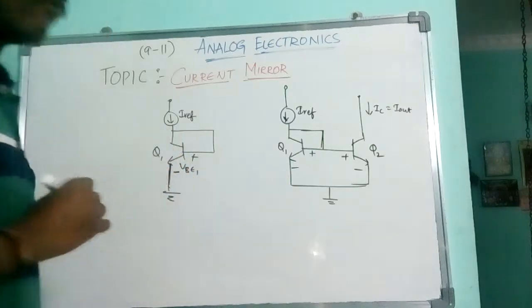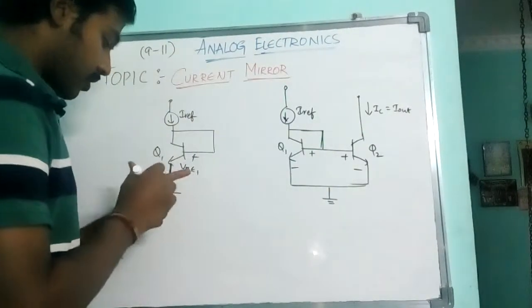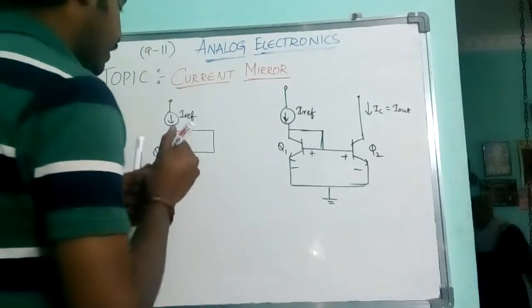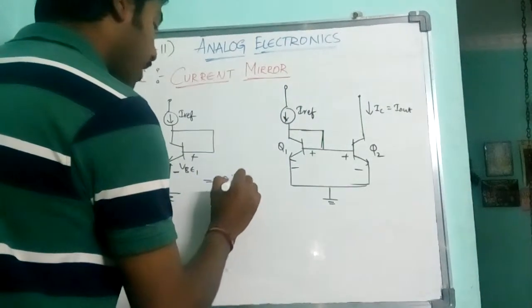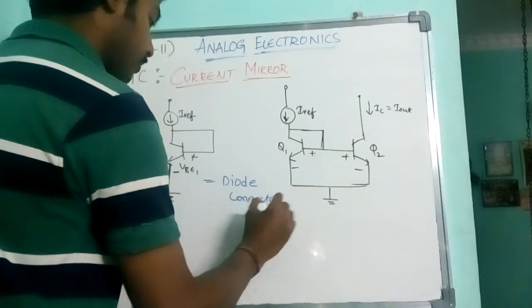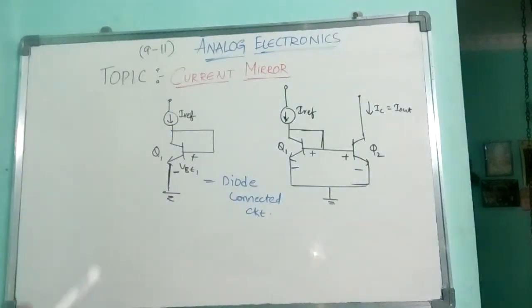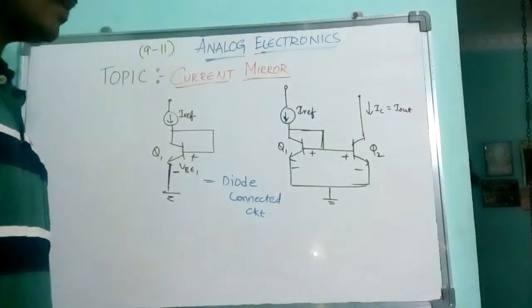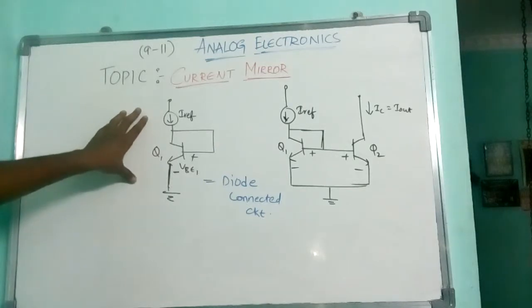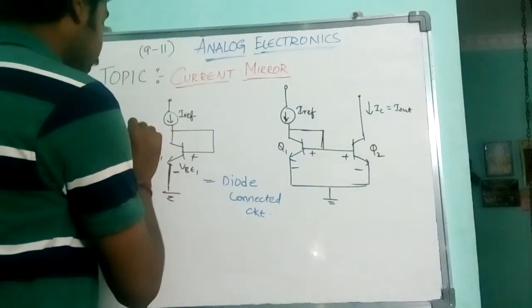This circuit is called a diode connected circuit. This is important. This is one type of biasing we did. By seeing the circuit you need to understand this is called a diode connected circuit.